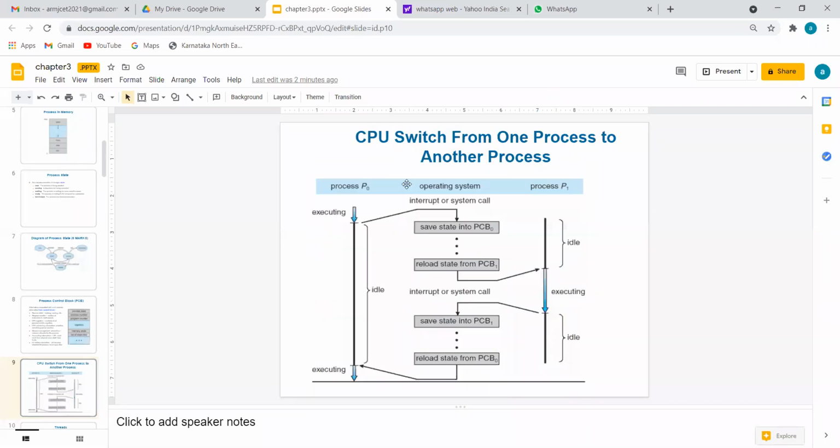Okay, next one, this question you can expect in your examination: the CPU switching from one process to another process. Let us take a very simple way. Process zero is listening to music. Process one, in blue color, is that you get a call from your friend and you speak.